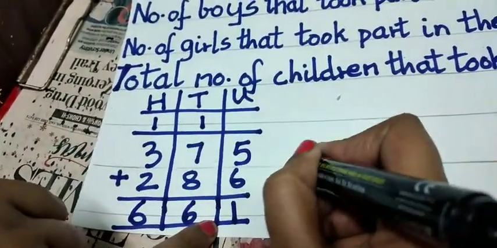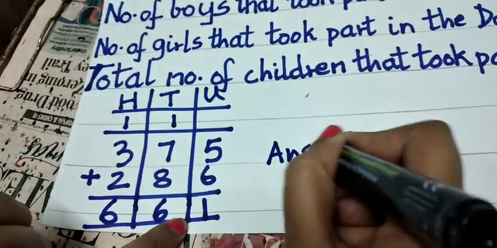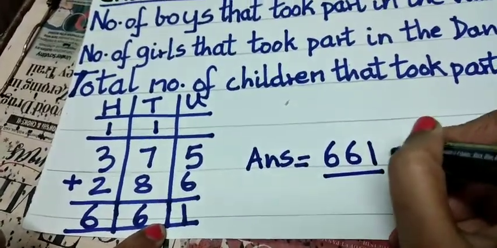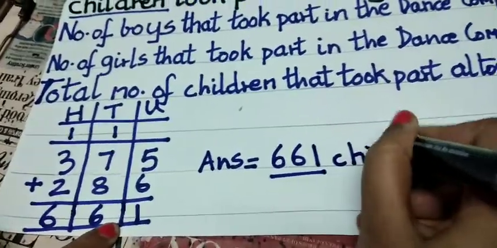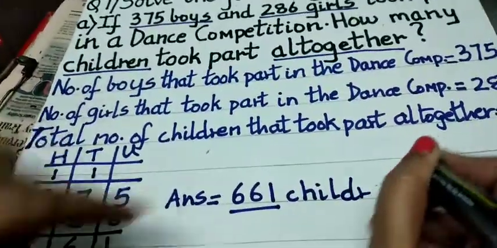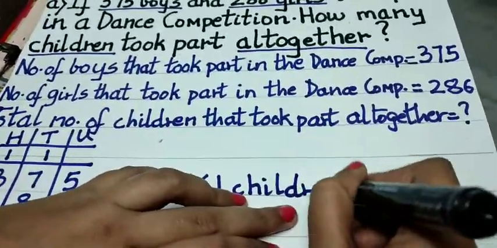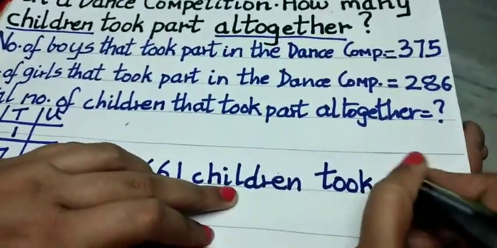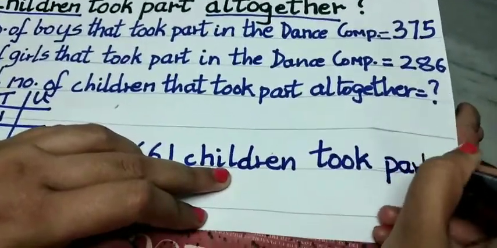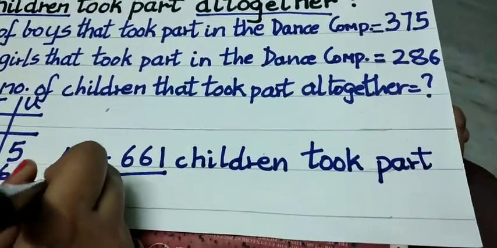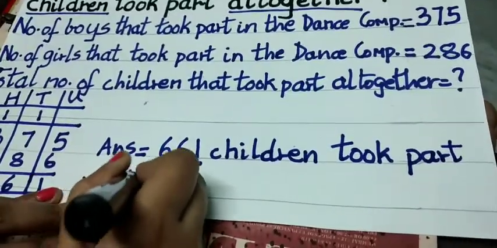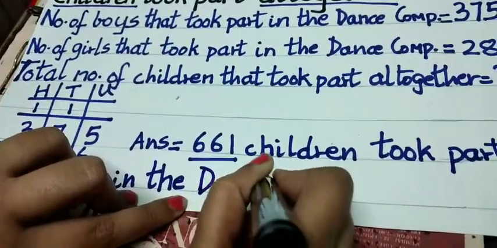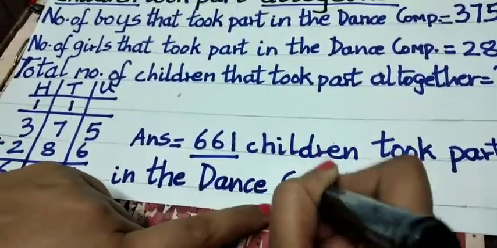So the answer statement will be: 661 children took part in the dance competition altogether.